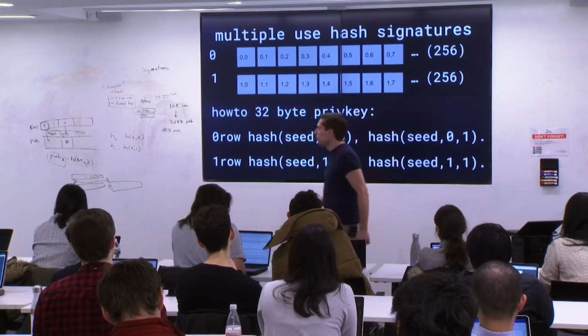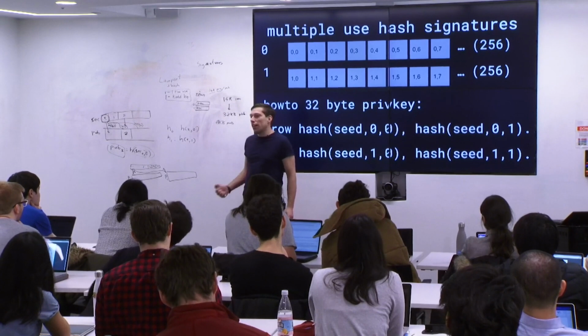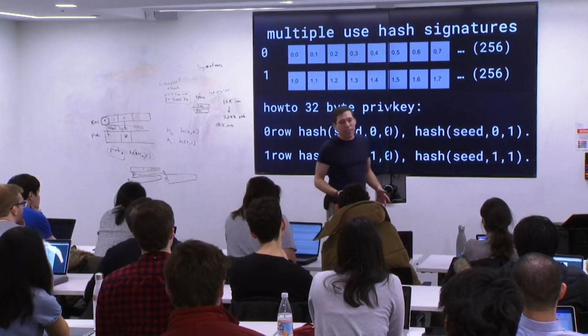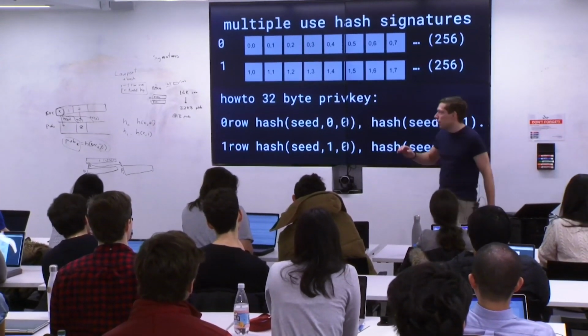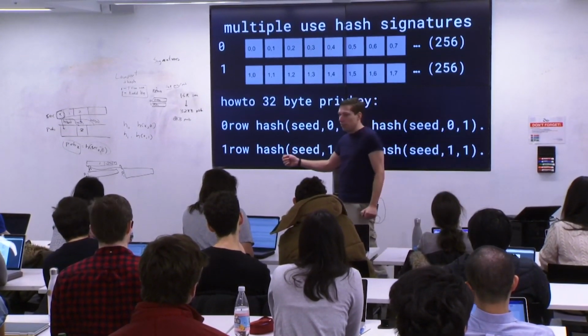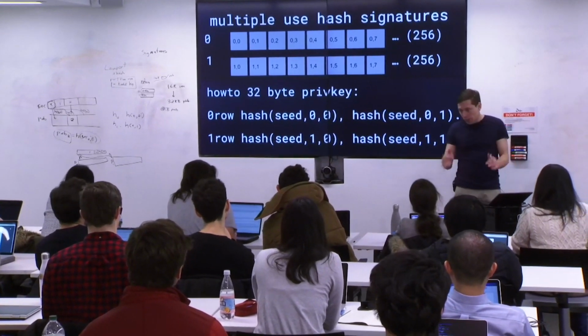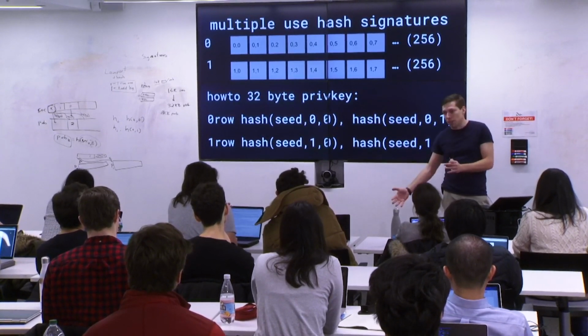Okay, so one would be every time I sign, I also sign my next pub key. You can do that. It's got some downsides, right? The idea is I first publish one 16 kilobyte pub key, and then when I sign, I sign my message, and concatenated to that message will be my next pub key.